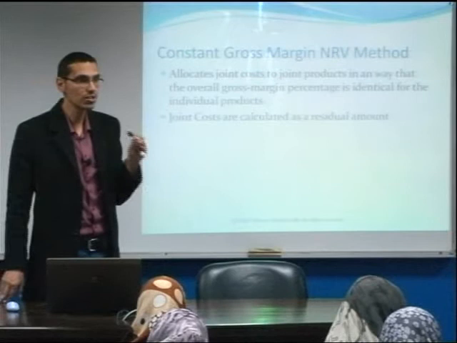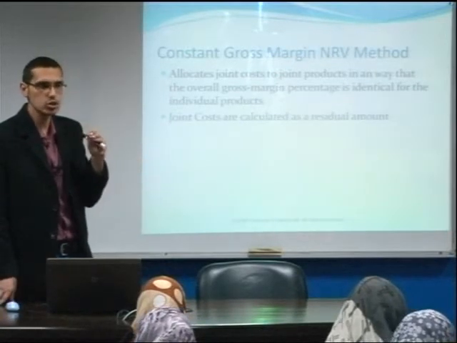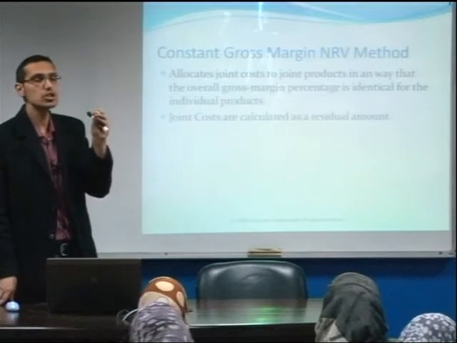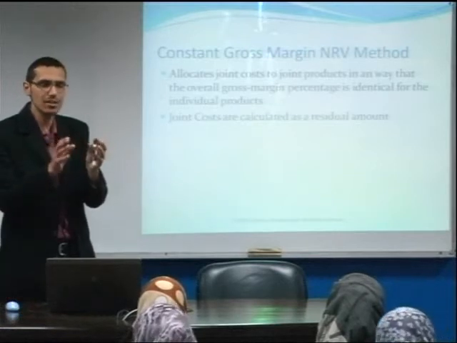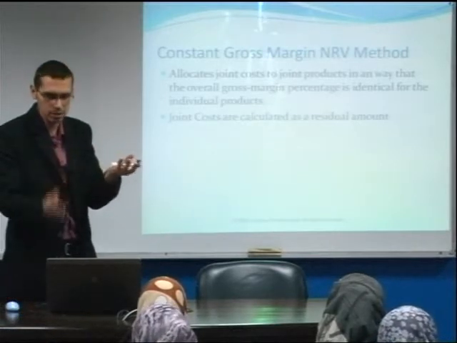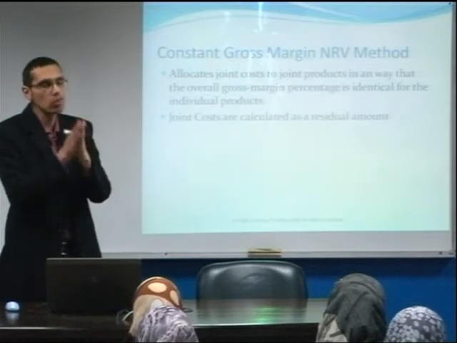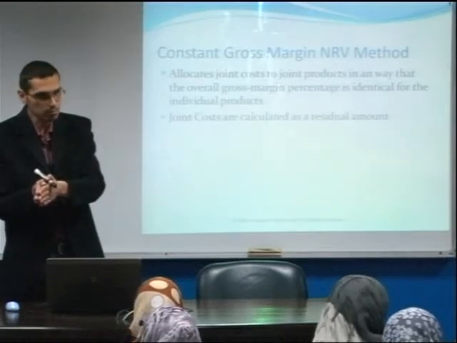Therefore, now we are going to allocate the joint costs according to this method, under the assumption that the first product, the buttercream, would yield the same gross margin as the condensed milk.